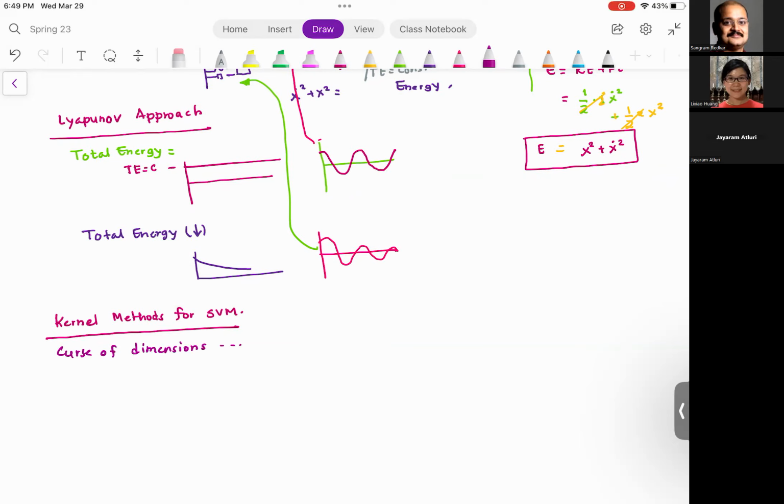It means as dimensions increase, the amount of computational power or computational time increases.